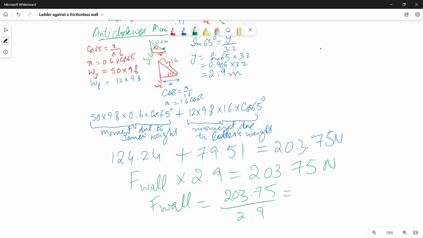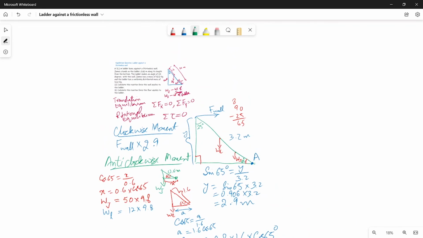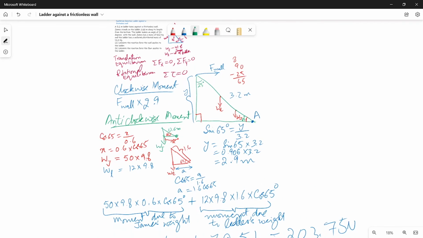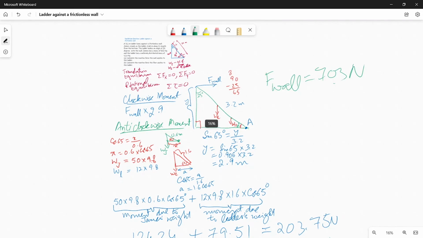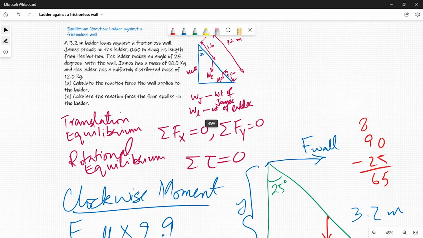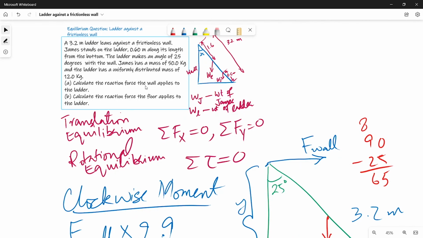If we divide 203.75 by 2.9, we get 70.26, but let's round it off to one decimal, so it becomes 70.3 Newton. So that's the reaction which we see here. So that is F wall. F wall is 70.3 Newton.